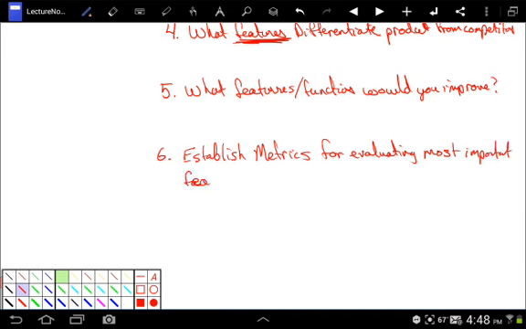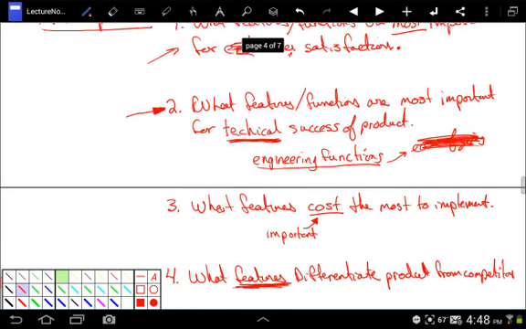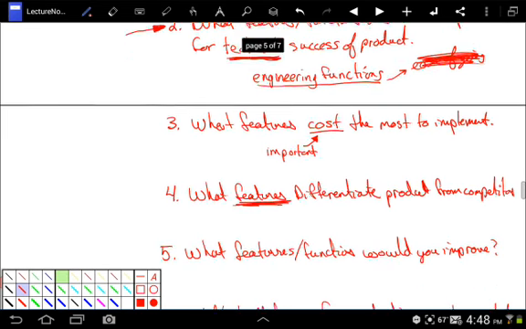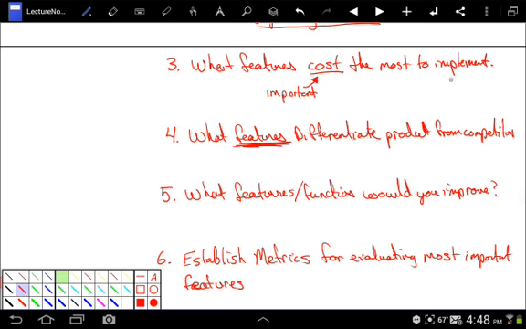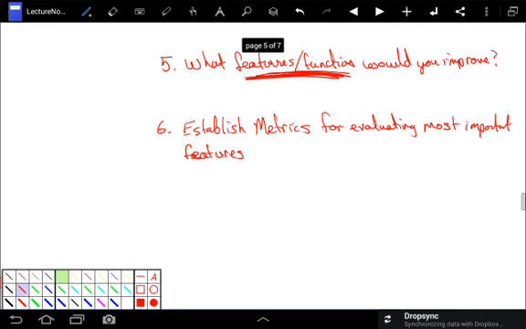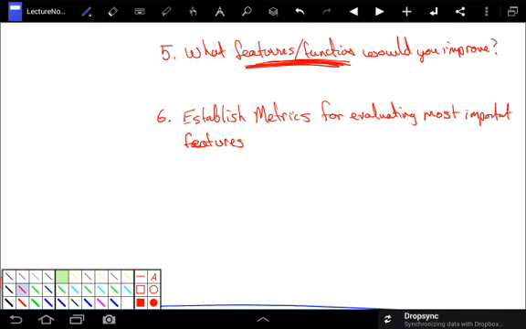Not all the features, but the ones that you have determined through these steps up here, the most important ones for customer satisfaction, the most important ones for engineering functions. If they're costly, they're probably important. Figure out that too. If they differentiate a product from the competitors, that means they're important, right? If features could be improved, that's an opening for you to target in your marketing, right? So you want to establish metrics for evaluating these most important features, all right?